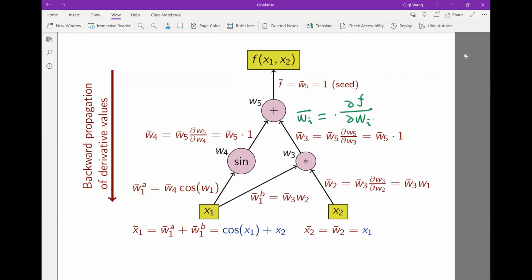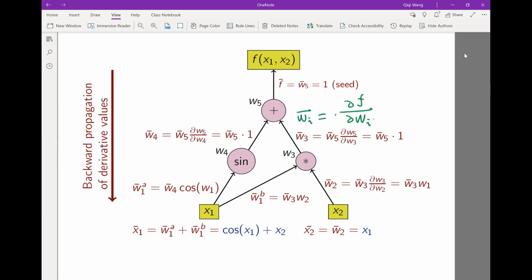Okay, now the procedure goes backward through the chain of calculations. We know now the derivative with respect to the outcome of the last operation, the plus. The task now is to figure out the derivative of the same output with respect to the inputs of this plus. That again is applying the chain rule, right? So df with respect to the inputs is equal to df with respect to the output times the derivative of the output with respect to the input, chain rule.